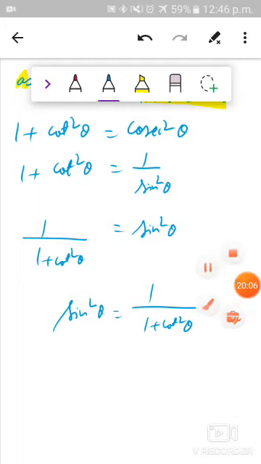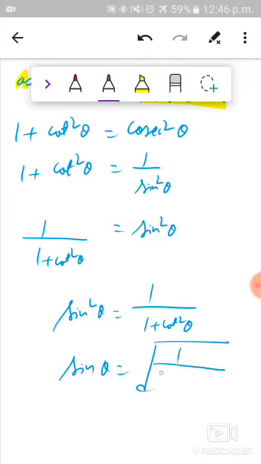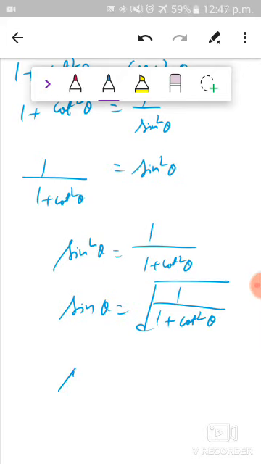Then we can write sin theta is equal to the square root of 1 by 1 plus cot square theta. So I can write sin theta is equal to 1 by the square root of 1 plus cot square theta.